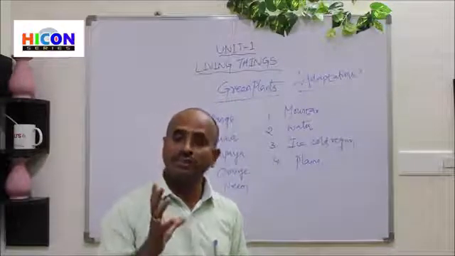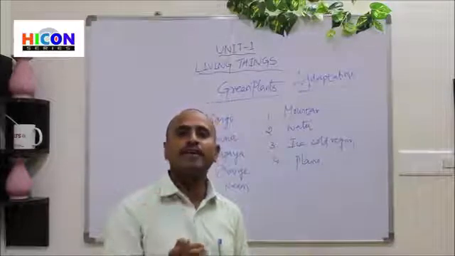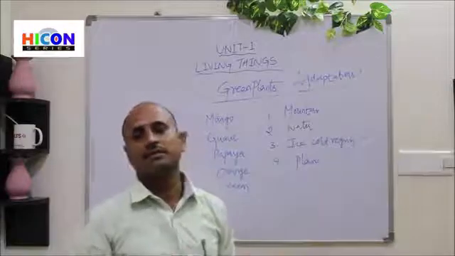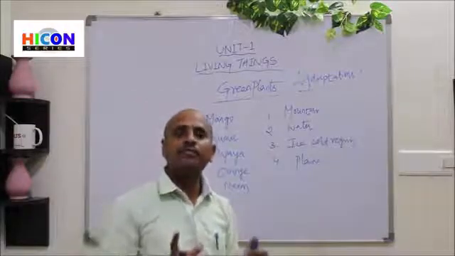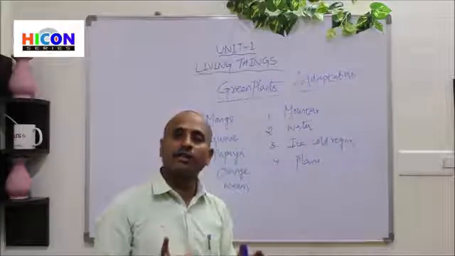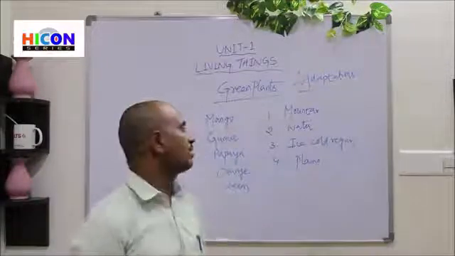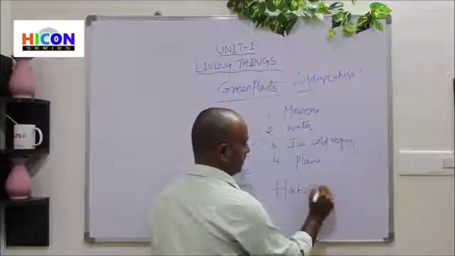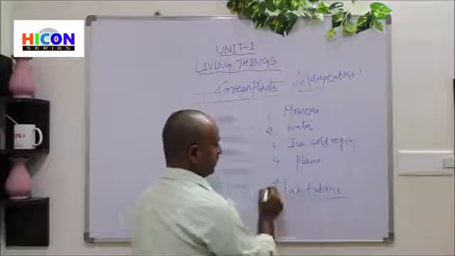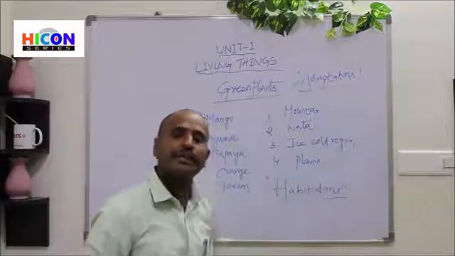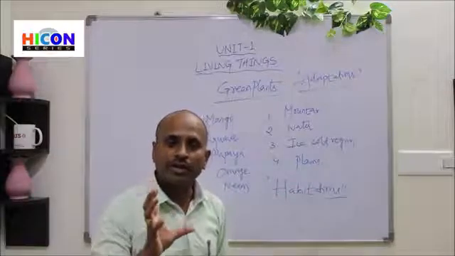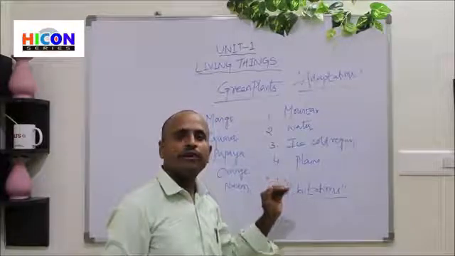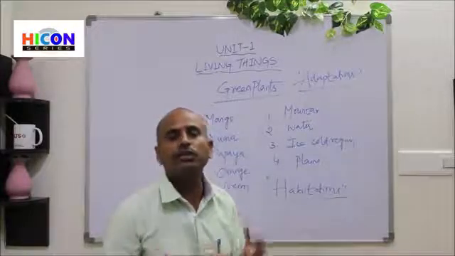Those special features developed by the plants in that region are called adaptations. And the place where the plants particularly grow in that region is called a habitat, or habitation. So habitation is a place where a particular type of plant grows.